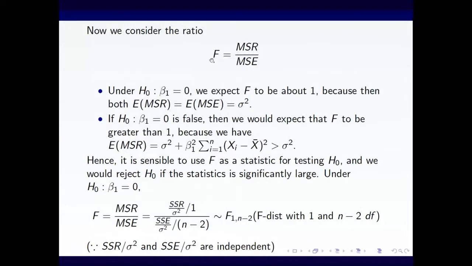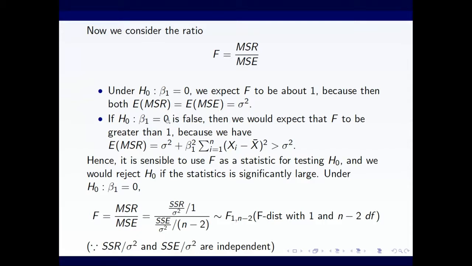So we consider the ratio F equal to MSR divided by MSE. Under beta 1 equal to 0, we expect F to be about 1, because the expectation of MSR and the expectation of MSE are both equal to sigma squared.